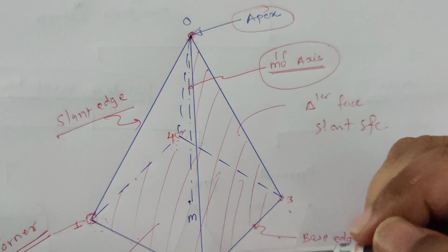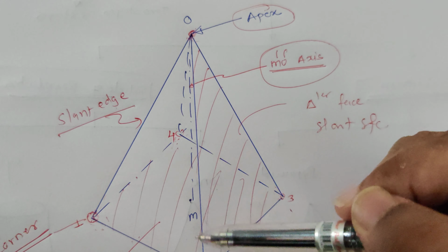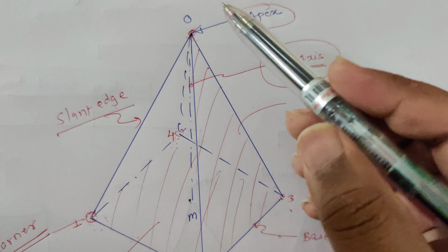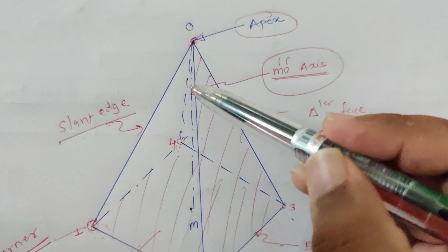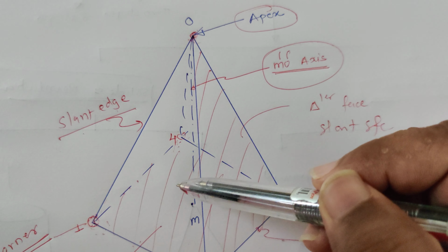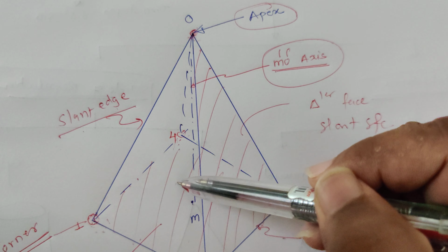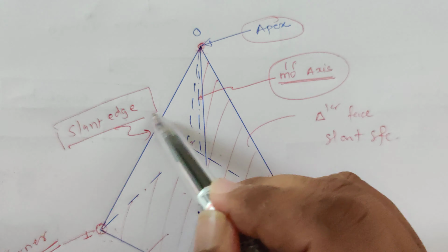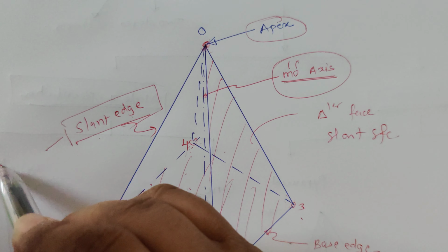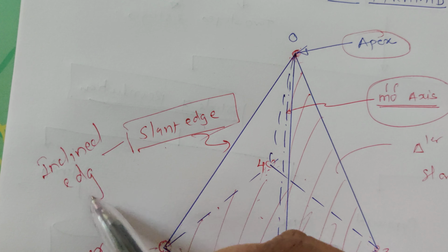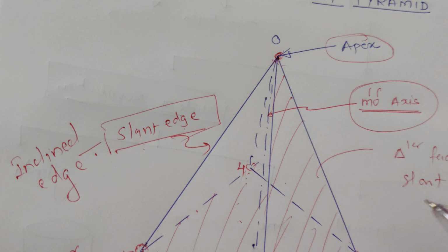If you consider O2 over here, this is a line where 2 triangular faces meet. So a slant edge is a line or edge formed by 2 triangular faces. This is also called an inclined edge.